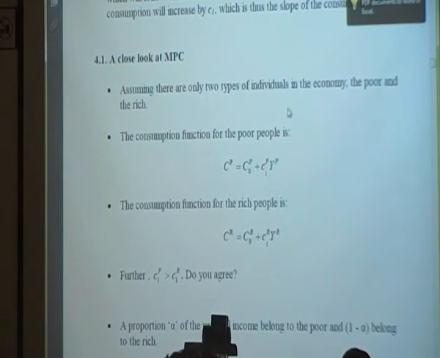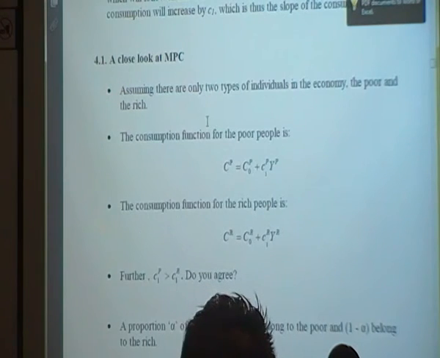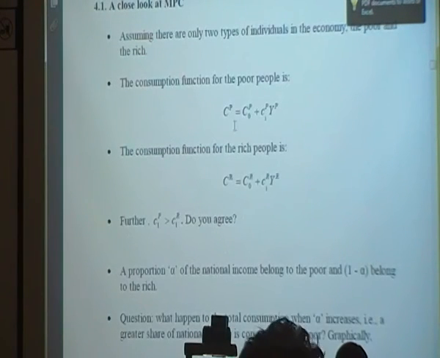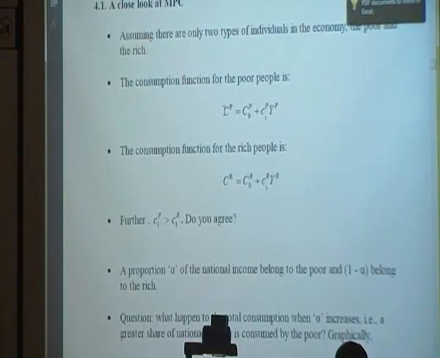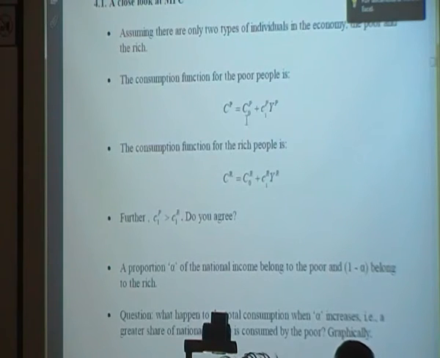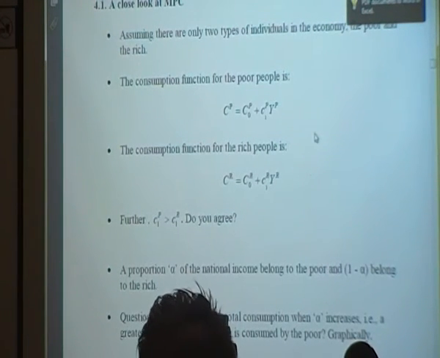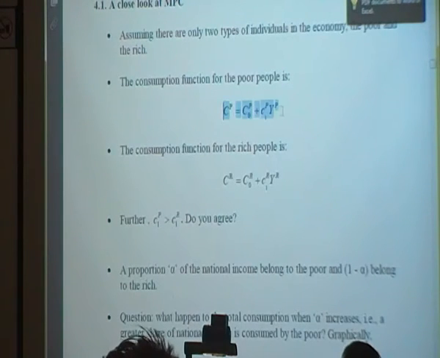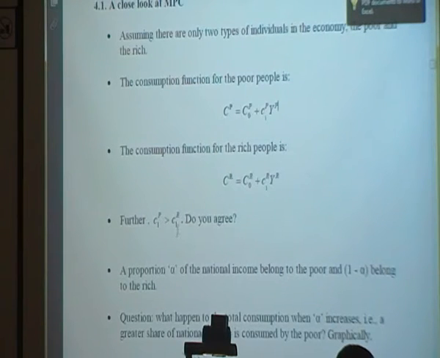There are two types of individuals in the economy, the rich and the poor. If you look at how we write it, the only difference is that we put a superscript P and superscript R, representing the poor and the rich. But you notice their function will always be the same, because this is a general form of a consumption function. Now the question asks you, do you agree that C1P is greater than C1R?